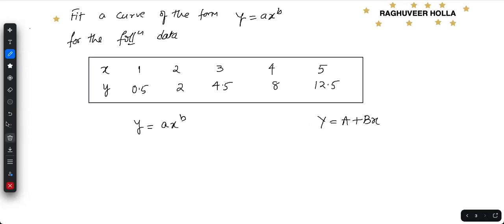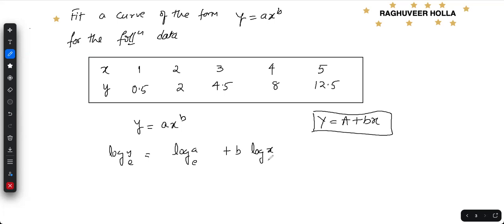In order to form this general form, we have to take logarithms on both sides of this equation, which gives log y to the base e. Again, you split this, so you get log a to the base e plus b into log x to the base e.